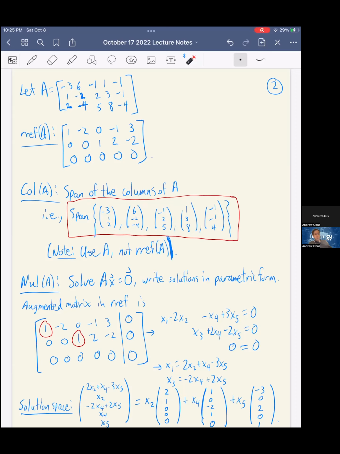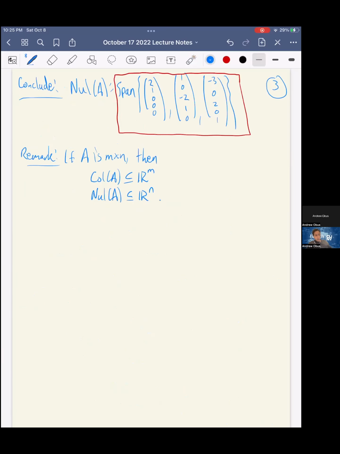Okay, so this idea leads to the idea of a basis of a vector space. So let me give a definition here.